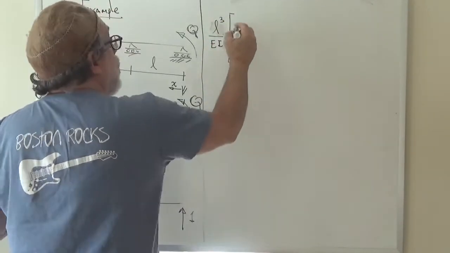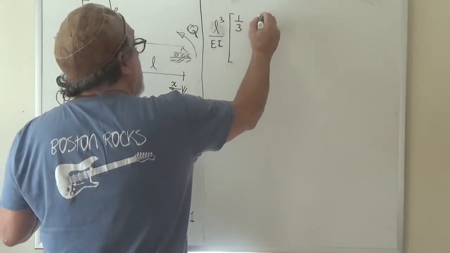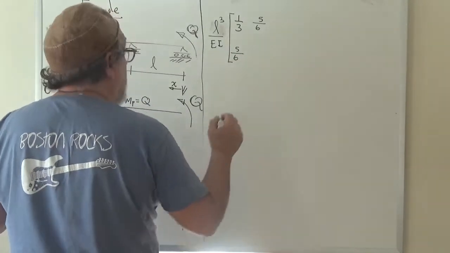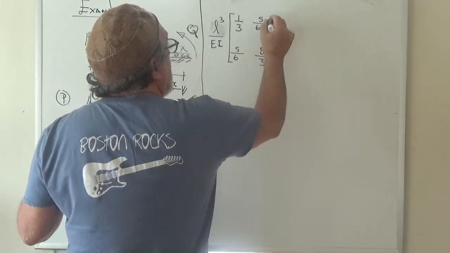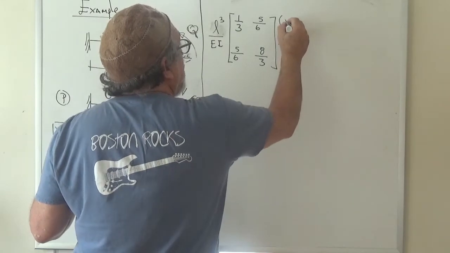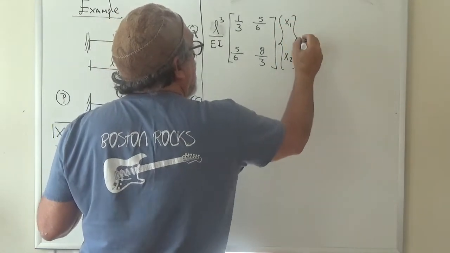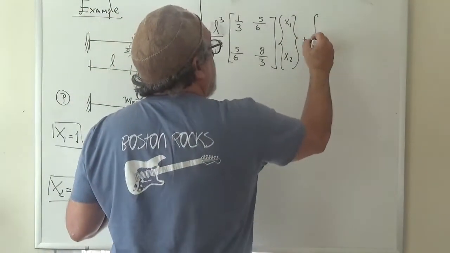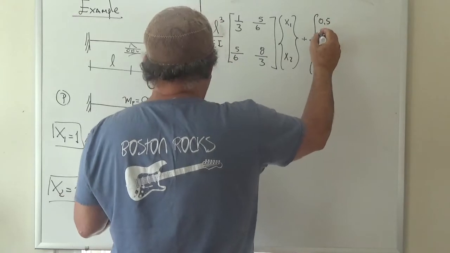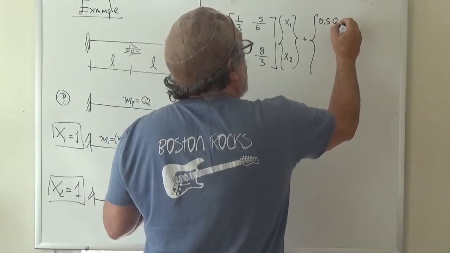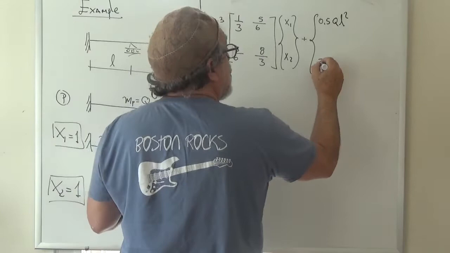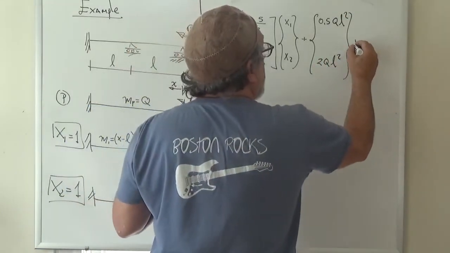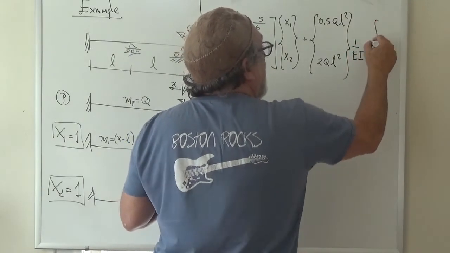The matrix is 1/3, that was F11, 5/6, F12, 5/6, and 8/3. That's just plugging them in. This is x1 and x2 plus delta 1 and delta 2, which were 0.5 QL squared and 2QL squared divided by EI, and that was equal to 0.